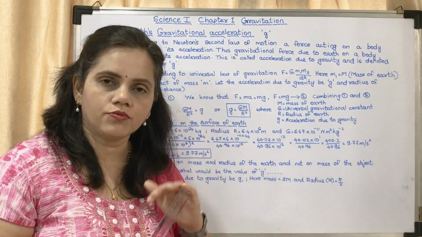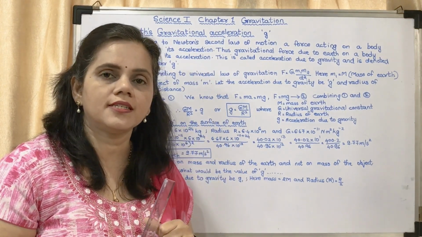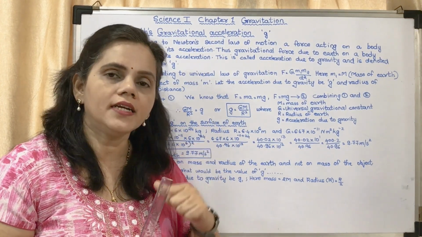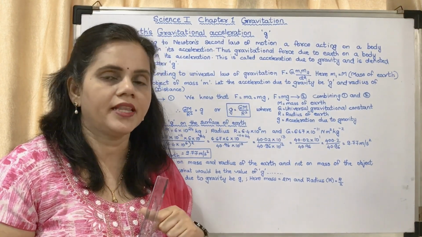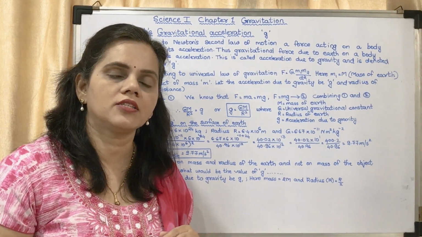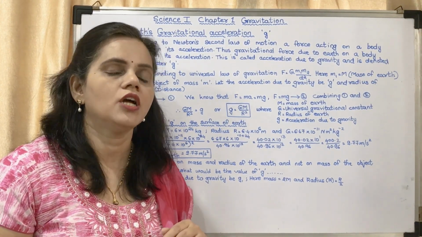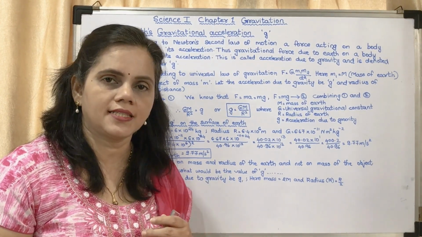When an object is falling from an upper surface, it is attracted towards the center of the earth. But when it is falling, its velocity goes on increasing. That means there is change in velocity, so there is acceleration. So whenever an object falls, it experiences acceleration.